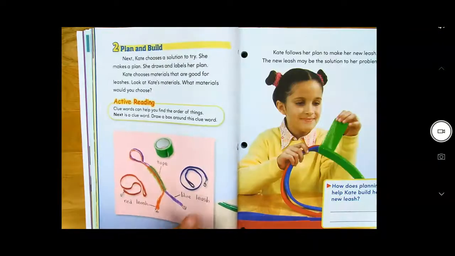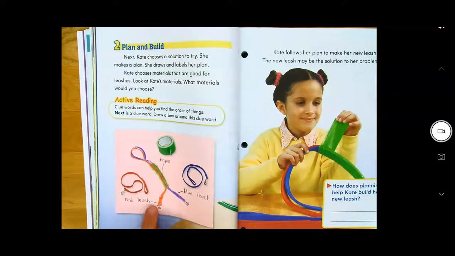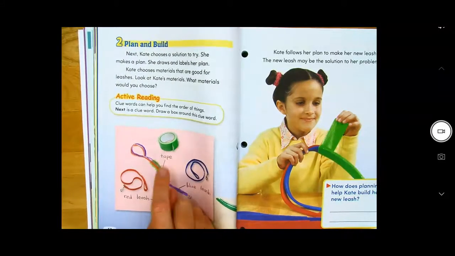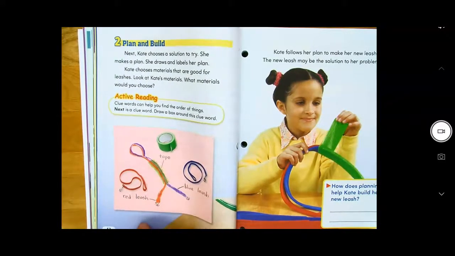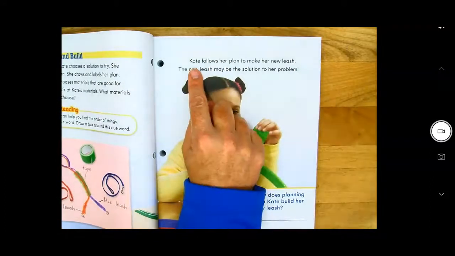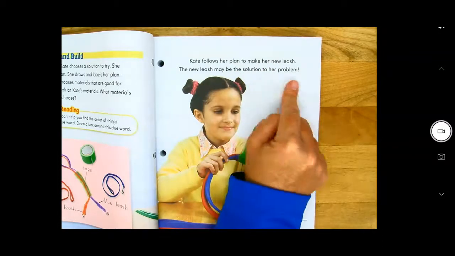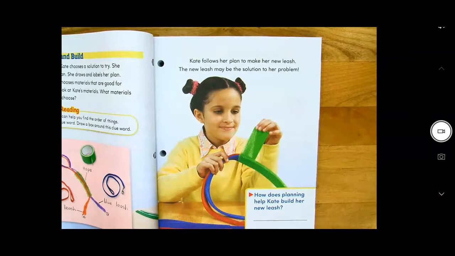She has a leash and then it separates into one red leash and one blue leash, and this looks like she taped both leashes together. Okay, Kate follows her plan to make her new leash. The new leash may be the solution to her problem. So maybe this might work so her leashes don't get tangled anymore.